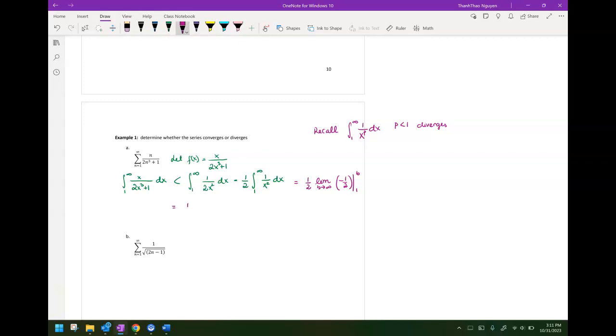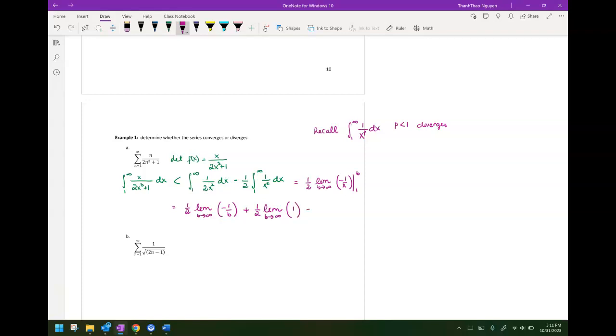So this is 1/2 the limit as b approaches infinity of negative 1 over b, plus 1/2 the limit as b approaches infinity of 1.